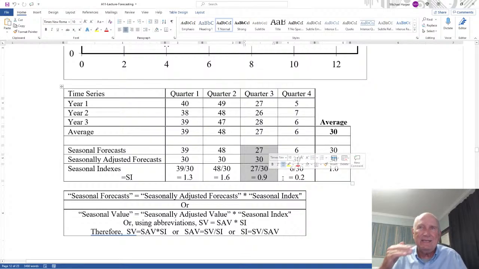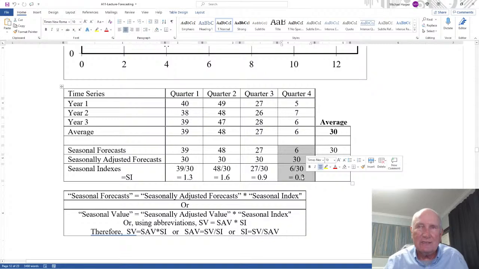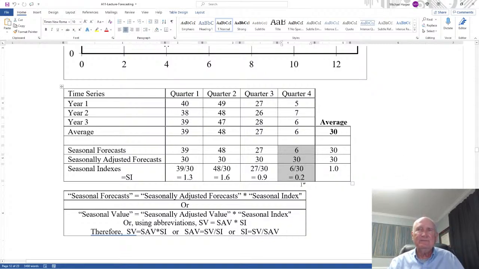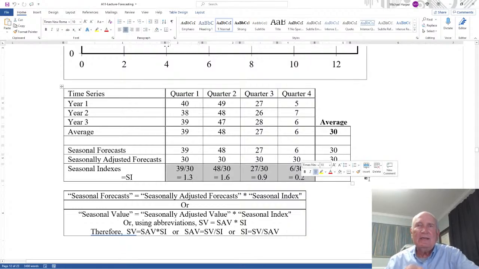It's a 10% decrease. And finally, my fourth quarter is an 80% decrease, 0.2. So the seasonal indexes down here illustrate the contribution of seasonality throughout the year expressed as an index relative to the seasonally adjusted forecast.